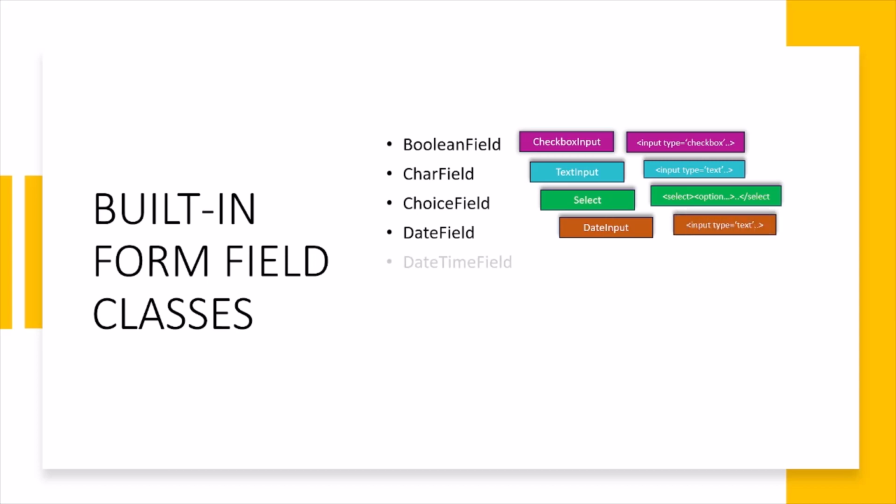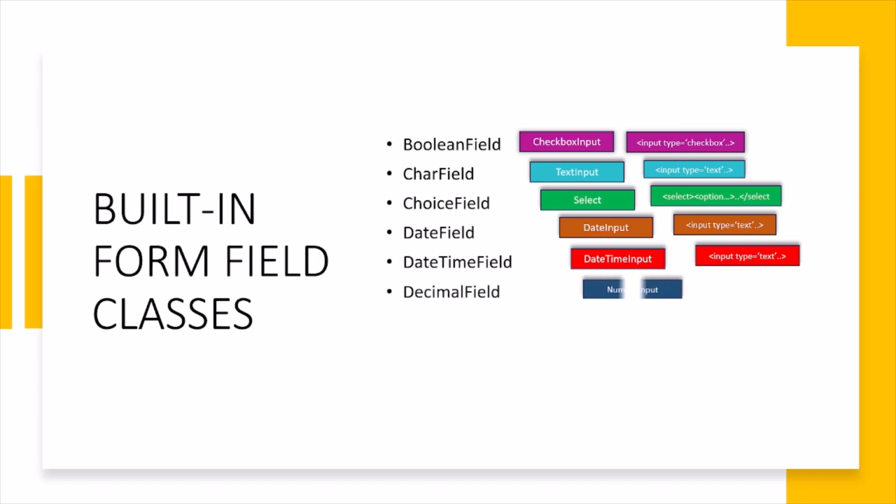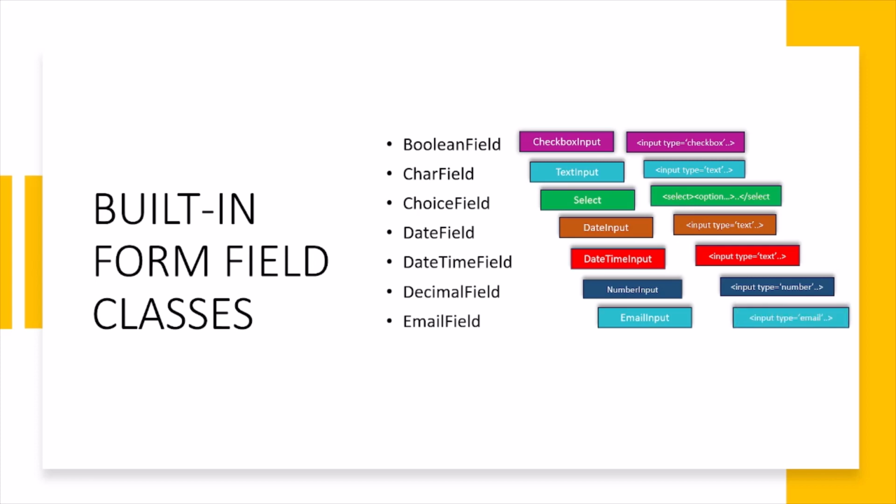We have the DateField form field class, represented by the DateInput widget, rendering as input type equal to text. We have the DateTimeField form field class, represented by the DateTimeInput widget, rendering as input type equal to text. We have the DecimalField form field class, represented by the NumberInput widget and rendering as input type equal to number. We also have the EmailField form field class, which is represented by the EmailInput widget, rendering as input type equal to email.